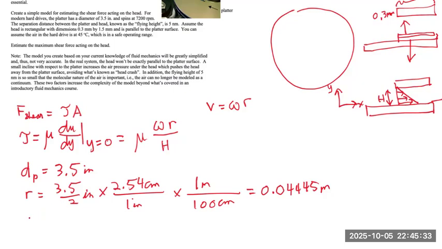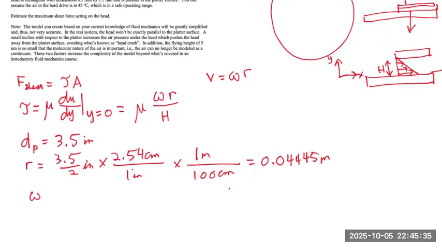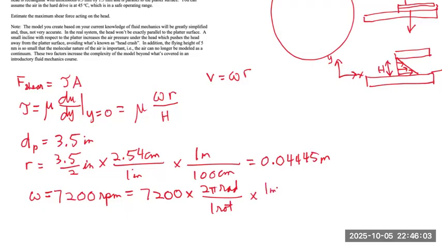So omega is going to be the rotational speed. It's equal to 7,200 rotations per minute. And this is equal to 7,200 times 2 pi radians over 1 rotation, and then times 1 minute over 60 seconds.